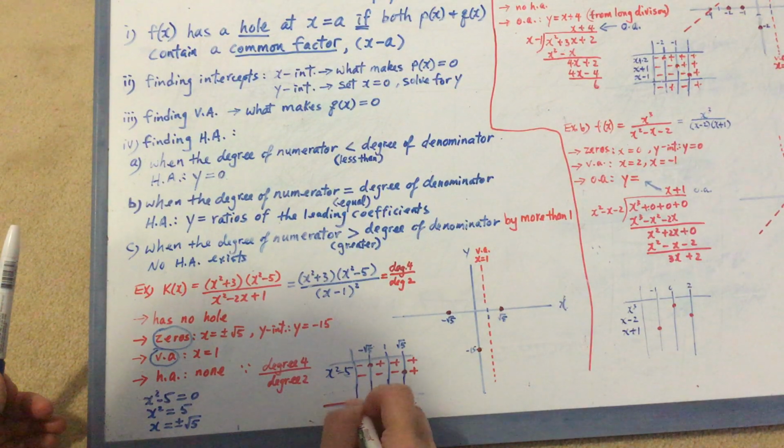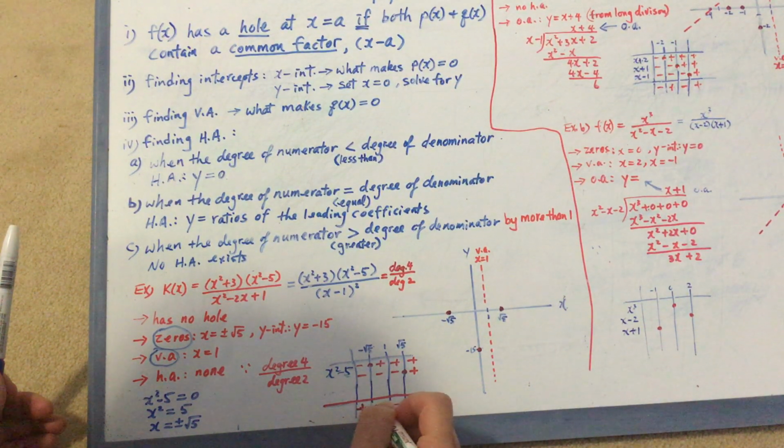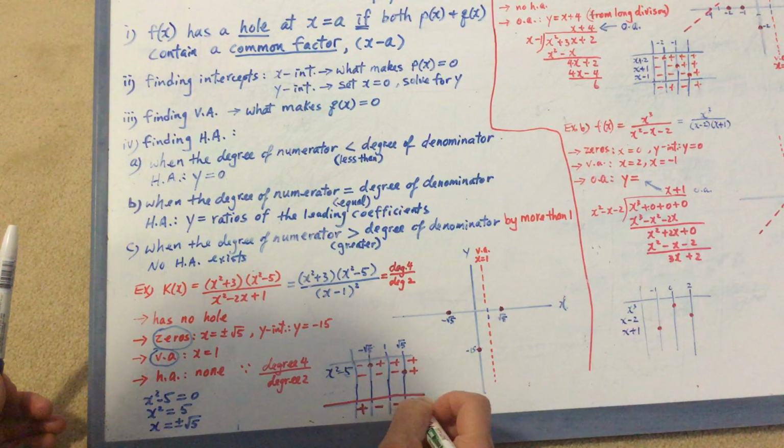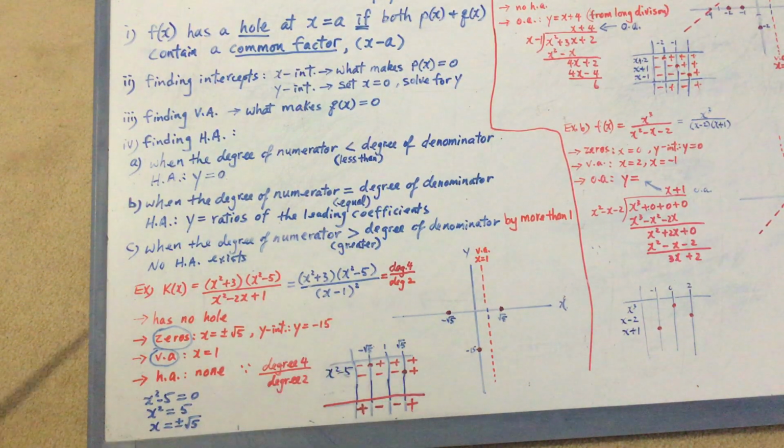As you can see, I'm still getting the same answer: positive here, minus here, and positive down here. So there are two ways that you can do it when you have a factor that has an x squared minus something: either you do it with two rows, or you pick a number for each of the intervals.